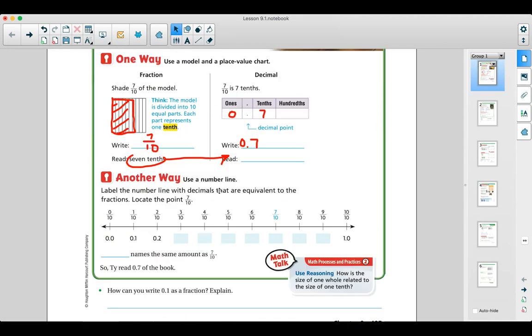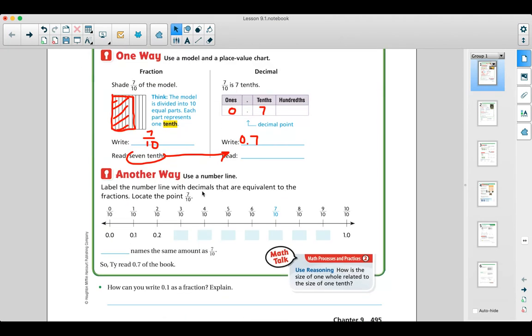Okay, let's go down. There's another way. Use a number line to compare the decimal and the fraction. So right now, 0/10 is written as 0.0. 1/10 is written as 0.1.